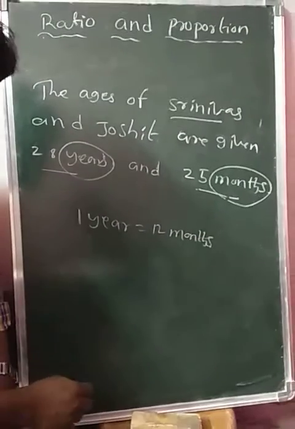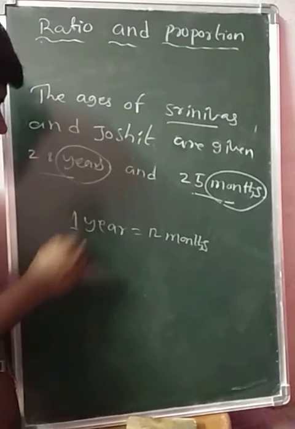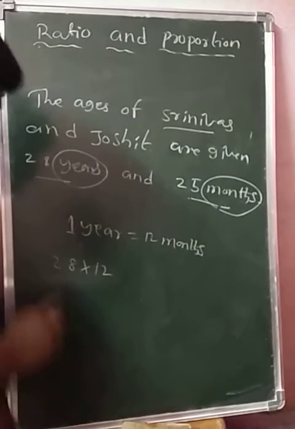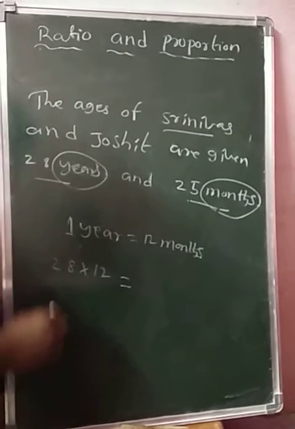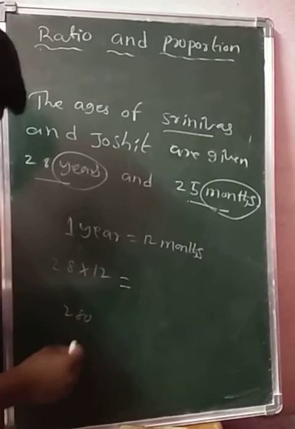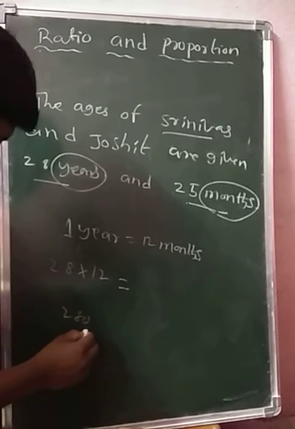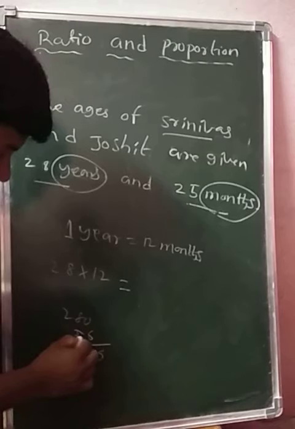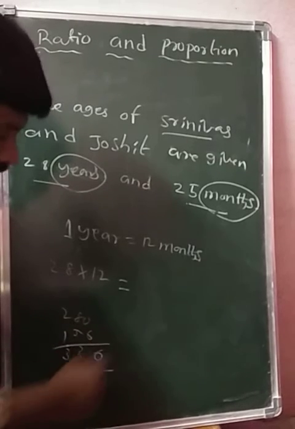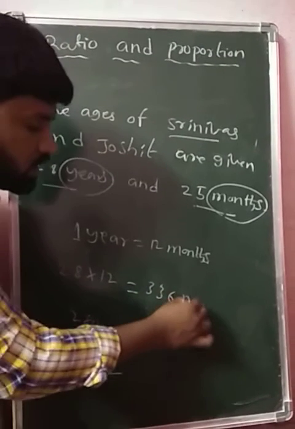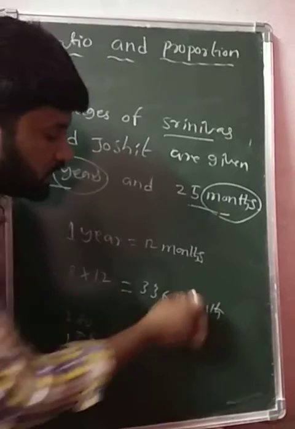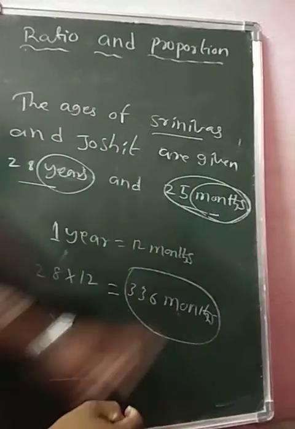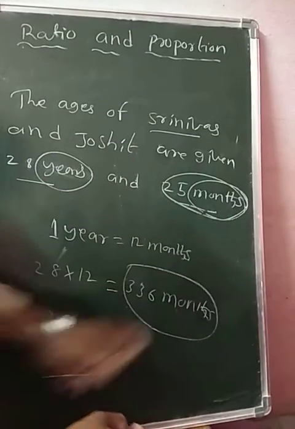Then 28 years is 28 into 12, which is 336 months. Then clearly 336 months and 25 months have the same units, so we can compare the ratio.